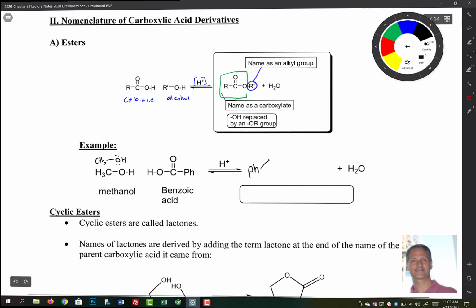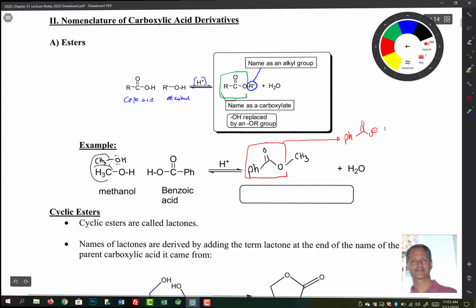So we get our benzoic acid part, that'll be benzoate. And then the R group here is that CH3. So an O, CH3 there. So again, pointing out this part of the molecule is going to be named as if it were an O minus.